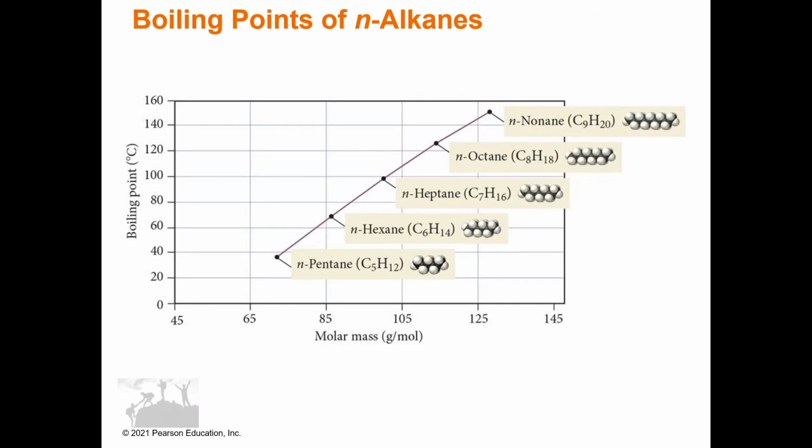Here we have 5 different hydrocarbons going from pentane to nonane. And you can see that the molar mass increases as we add more carbons and hydrogens to the molecule. And you could also see that the boiling points would increase as the molar mass increases.